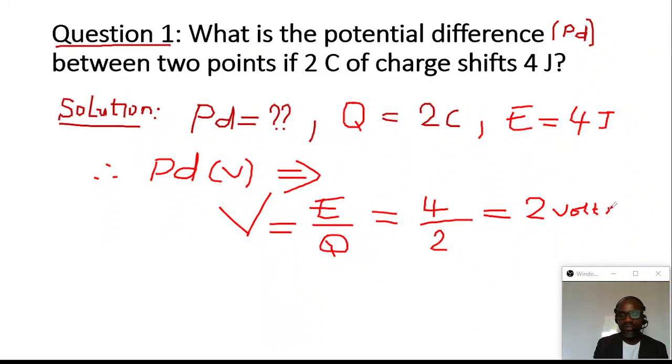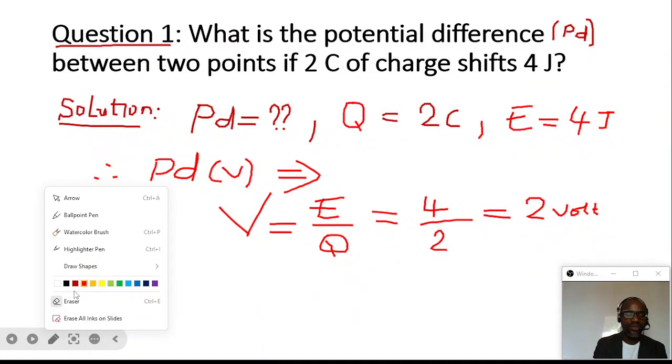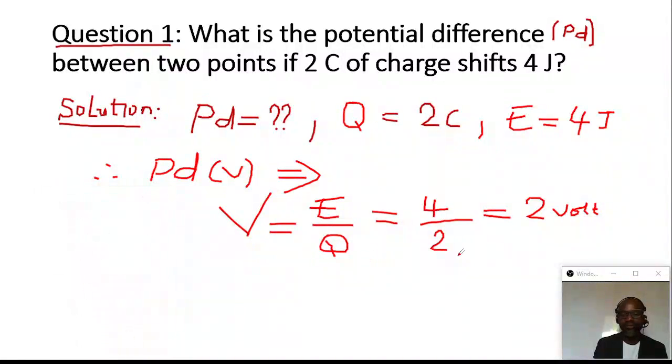Once again we need to rewrite that so that our viewers will understand what it means. We have found the answer here. So we have 2 volts. That's the answer.